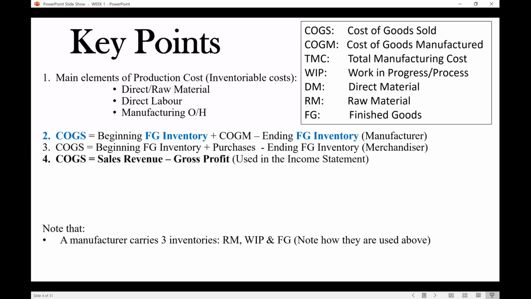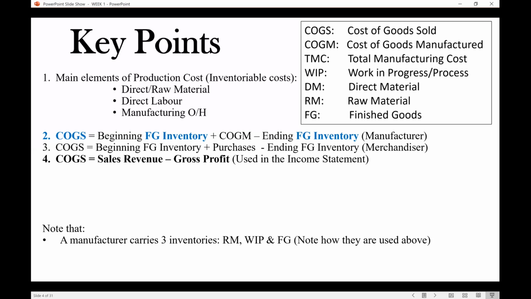And then we have cost of goods sold as used in your income statement. And we would know what an income statement is. It's a financial statement of a business that shows the revenue and the expenses to yield your profit. So that is just sales revenue minus your gross profit. If you think about it, your income statement is showing your profit.